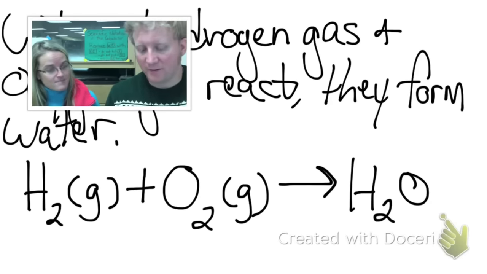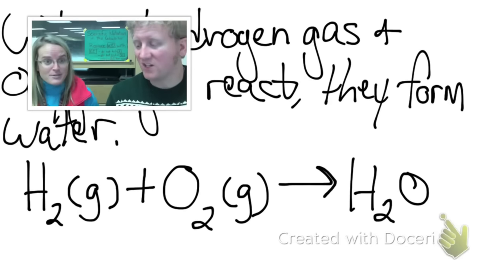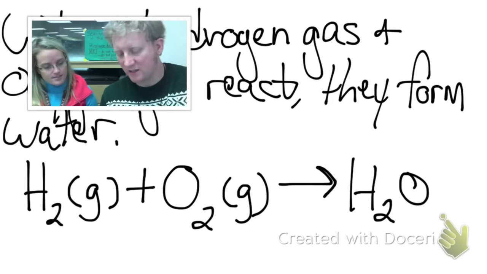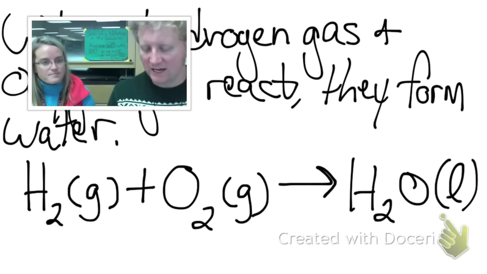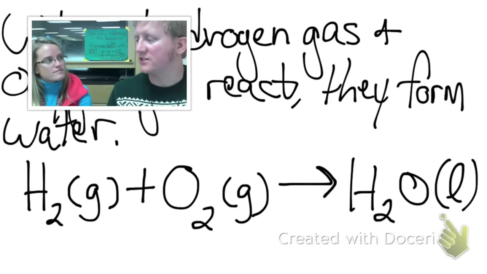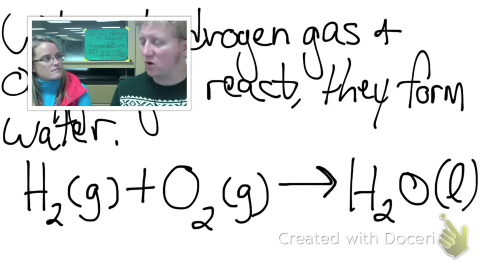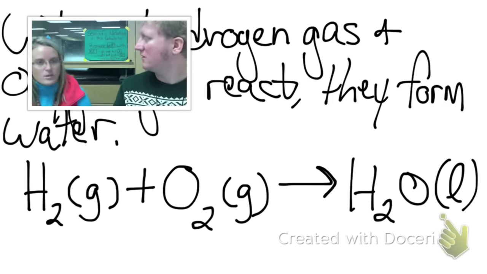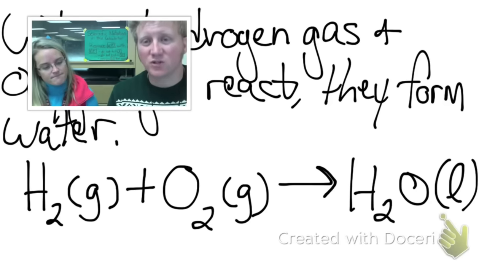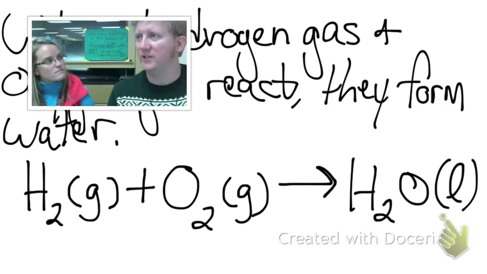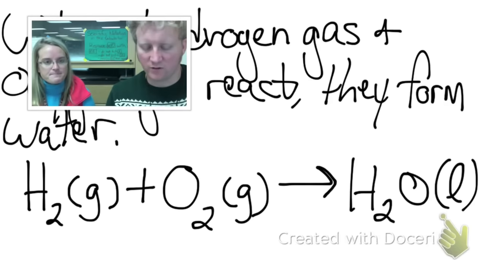So we could say it's a liquid. Okay. Another thing, a lot of times if water is a gas, it may say water vapor or steam. Steam. Okay. Usually though, it would say liquid. Okay. How about one more?